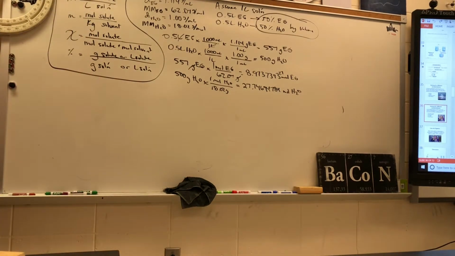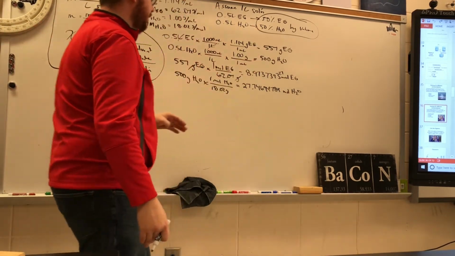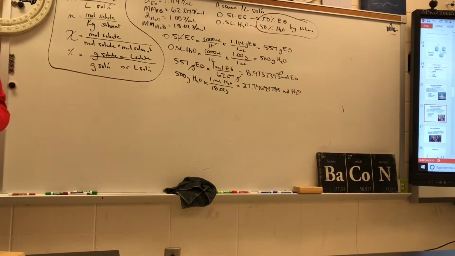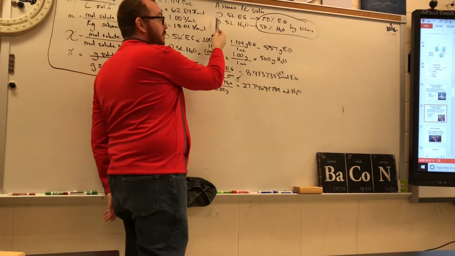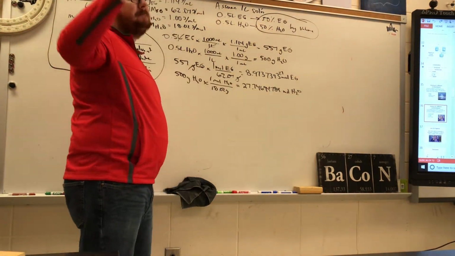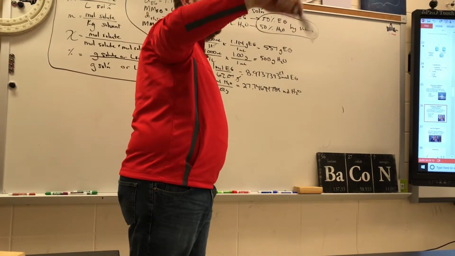Okay. So we've got the moles of both things. We've got the grams of both things. We've got the liters of both things. We got one thing we're missing. Look at your equations. Kilograms of which one? Solvent. Water is always a solvent, and in this case it's probably still going to be our solvent.